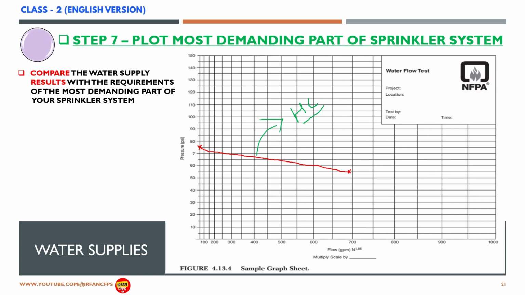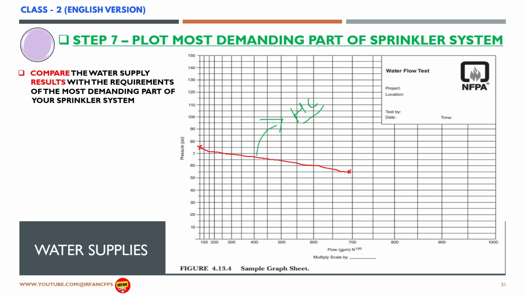Now, as we said, we will mark our system demand from the sprinkler system on this graph so that we will be able to understand whether the available water supply, flow and pressure requirements are satisfying our system demand or not.